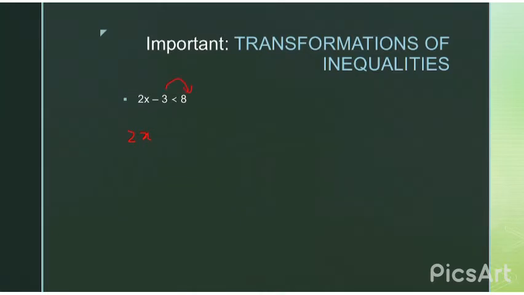The sign changes, so it becomes +3. We write 8 plus 3 is equal to 11. Then we put the sign from the question, so 2x is less than 11. Now we need to make x alone without the 2. We write x, put the same sign, and bring the 2 to the right, so it becomes 11 by 2. Here is your answer.